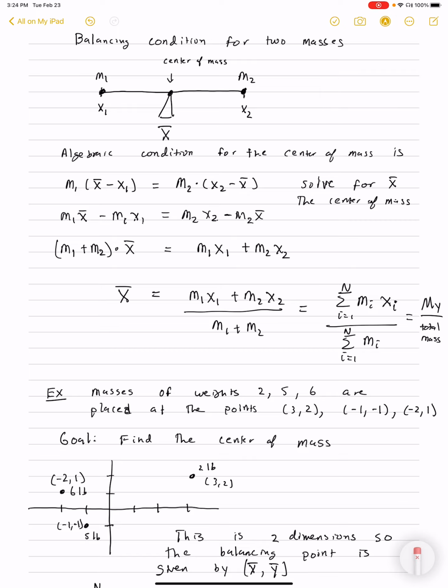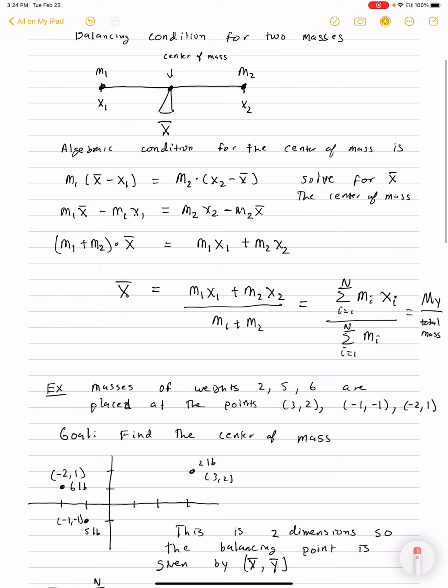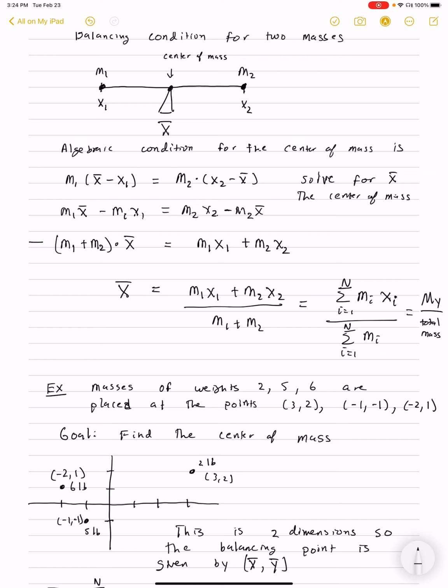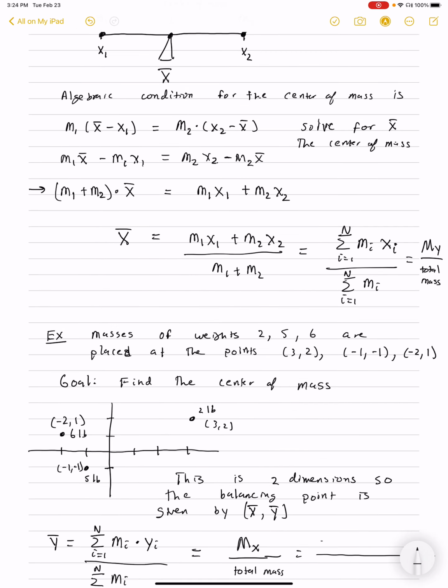Now I obtain this equation here. All I do is divide by the total mass, m1 plus m2. So I get this equation: x bar is equal to m1 x1 plus m2 x2 divided by total mass.